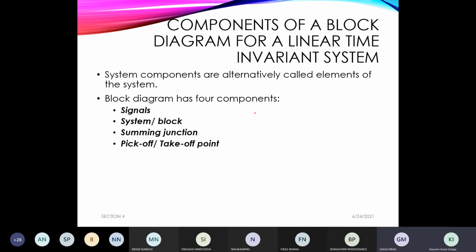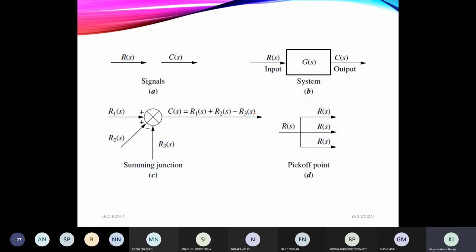And we have the summing junction. I think you have seen something like that before; I explained it in the introduction to control system. Then there is the last element, which is the pick-off or take-off point. I think it's quite new for you, but we are going to see what it is exactly.